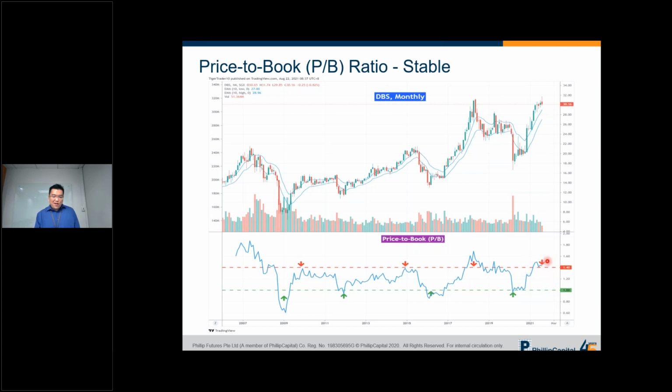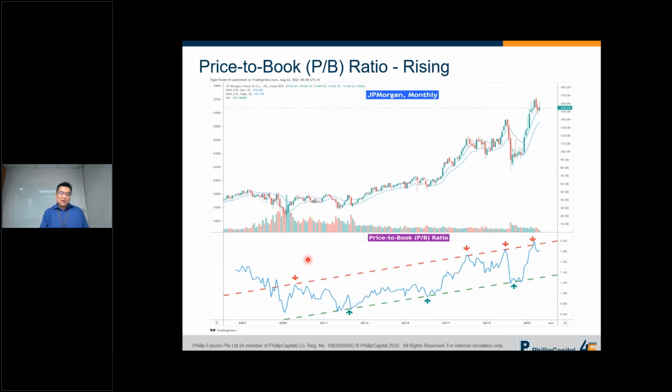It also reflects the general sentiment in the market. When the sentiment is bullish, you will award, and be more tolerant of, a higher price to book valuation. Another scenario is where the price to book is rising. For this example, look at JP Morgan. It's in a rising trend, so it doesn't really fall back way down below.